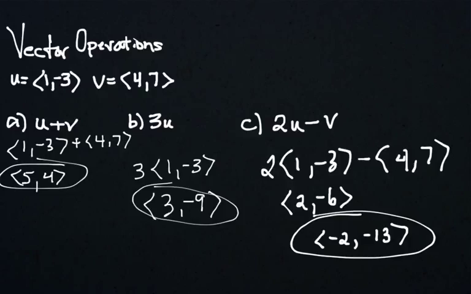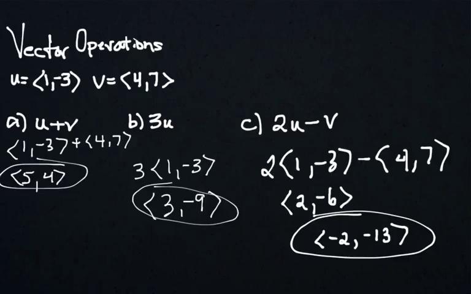Order of operations is going to make the difference between getting these very easily right or what you think is right. So I'm going to have to multiply by 2 first. That's what I multiplied by 2 to get that. And then I just took this vector and combined it with the one up top. And I got negative 2, negative 13.